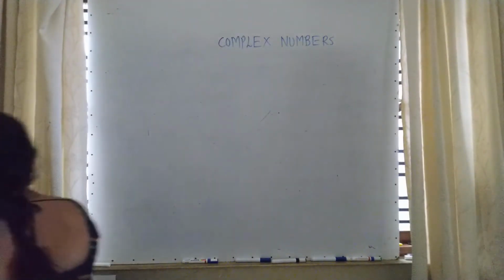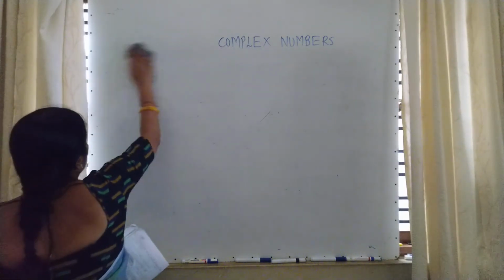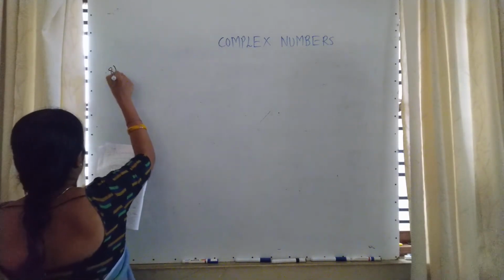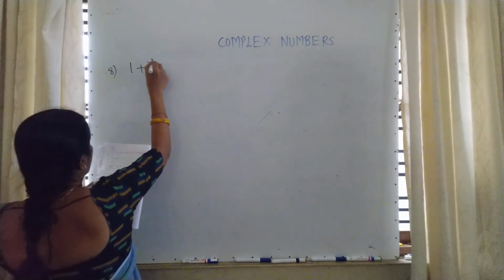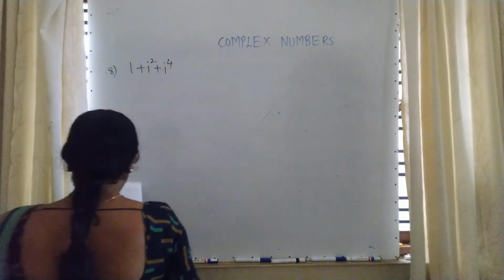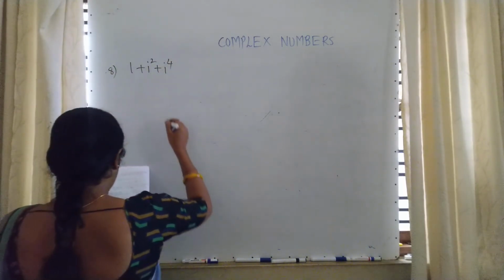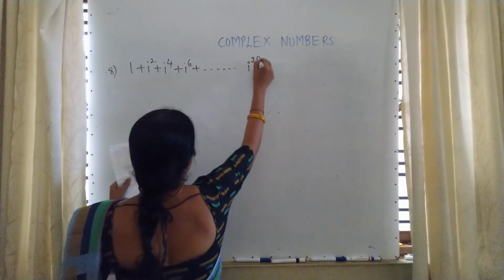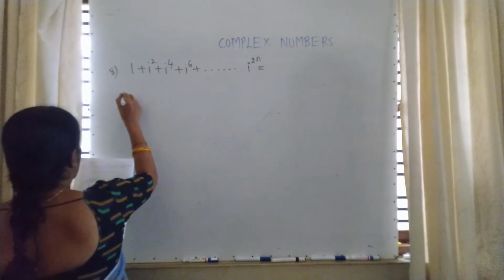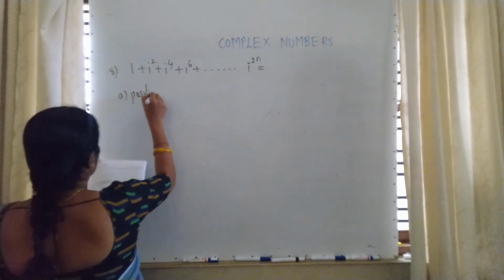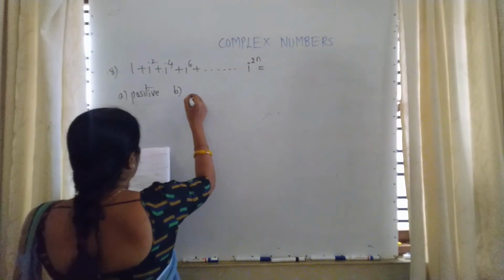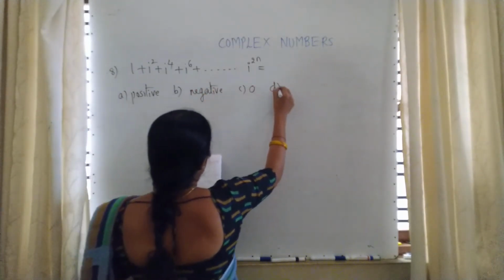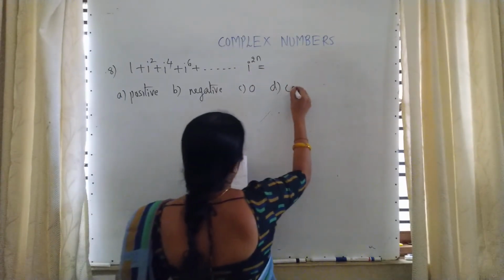Question number 8. 1 plus i square plus i raised to 4 plus i raised to 6 plus continuation, i raised to 2n is equal to: first answer positive, second one negative, third is 0, fourth is cannot be evaluated.